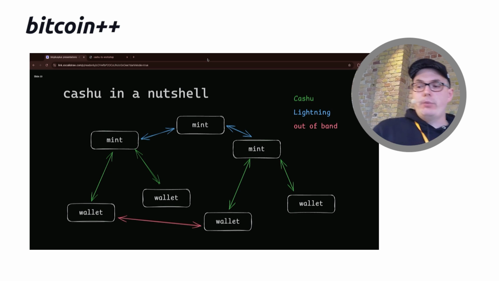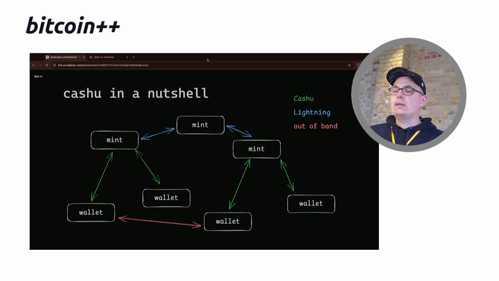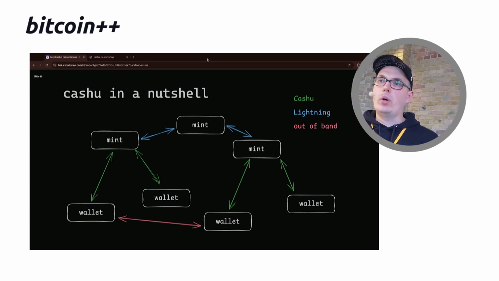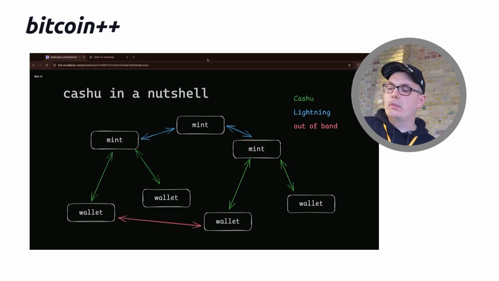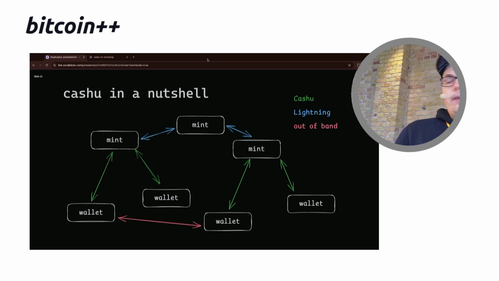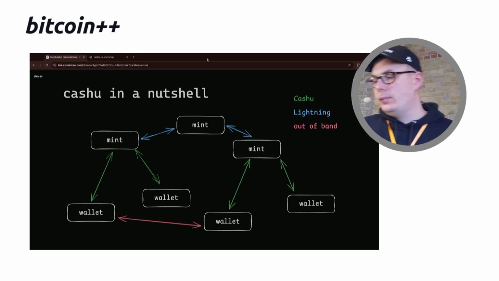But actually, the Cashu protocol itself only defines the communication between a wallet and a mint, and everything else is kind of undefined and happens through whatever gateway you want to have. Like the mint-to-mint interop is done through Lightning, and sending one token from one wallet to another wallet can be done via email or via QR codes or whatever method you want to have. So the Cashu protocol itself focuses on the communication between the wallet and the mint only.